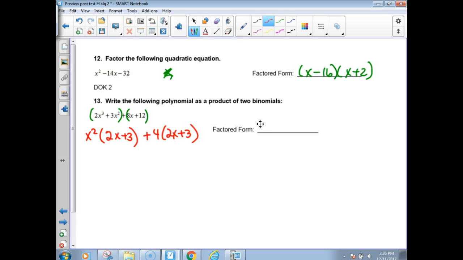I factor out a 2x plus 3. And then what's left is butted up against there times x squared plus 4. And x squared plus 4 cannot be factored because it's a sum of perfect squares, not a difference. But technically, you were factoring away the 2x plus 3.